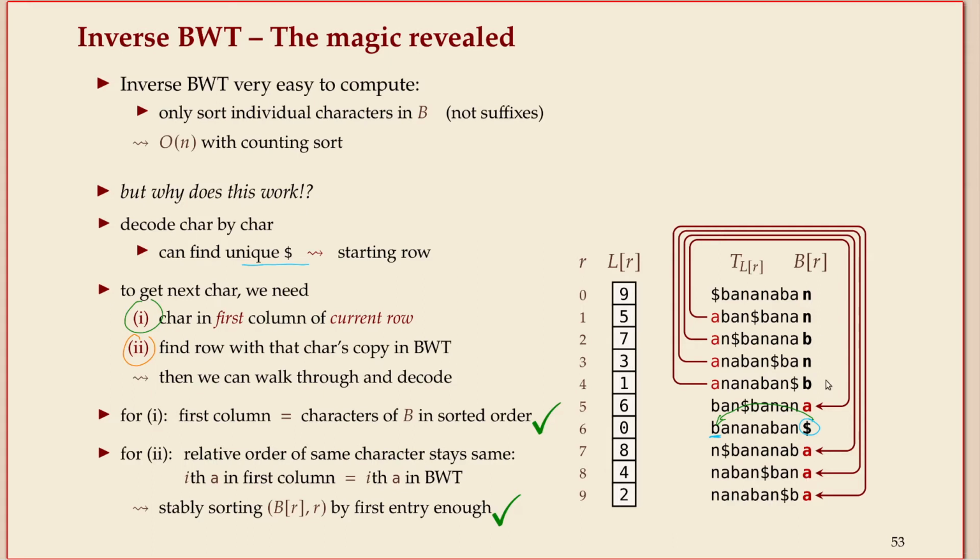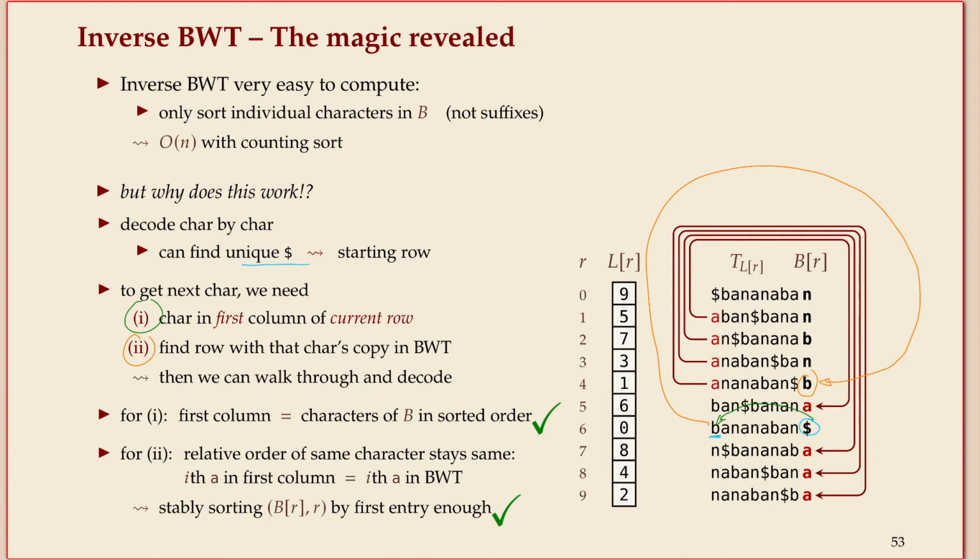So I have to find that this is the first letter in the string. So I have to find this one, which is also the first letter in the string. So I somehow have to make this move to the right, okay? Which is illustrated in the picture for the A's, but let's do it step by step here. So this is what I have to do. Now, how can I do this?